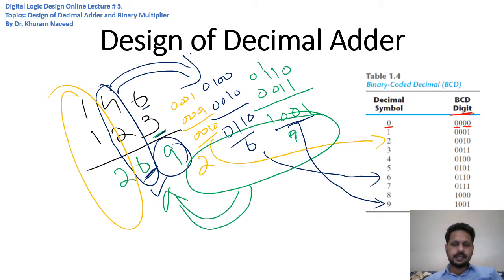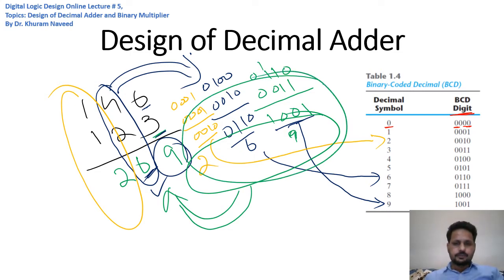So that's why I had to change the example, just to give you an idea how decimal addition using BCD actually works. So now we will discuss a bit more complex problem. To get a deep insight into the problem, let's take another example. Suppose we have these two numbers.